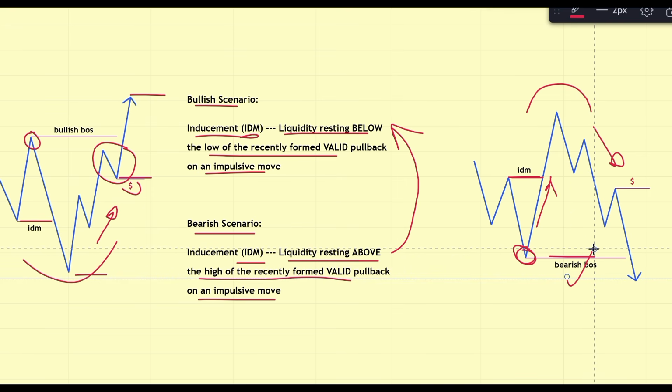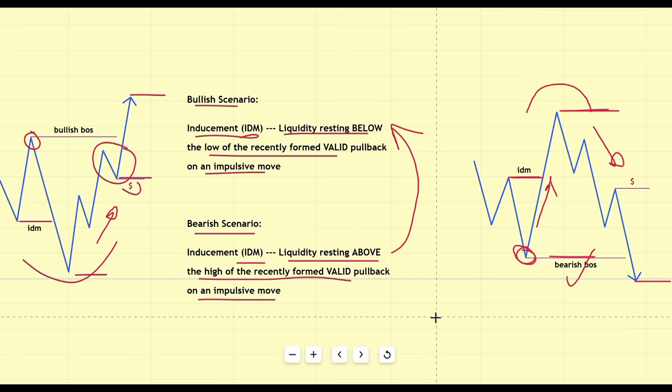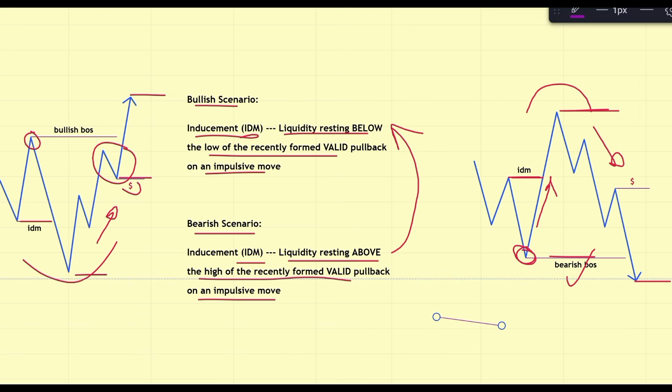So now how can we mark the inducement? After the break of structure, we all know that we are currently in a new trading range as well as a new impulsive move. So this means now our trading range or our impulsive move ranges from that high, and currently ends at this low. Alright, so now let's identify the inducement.